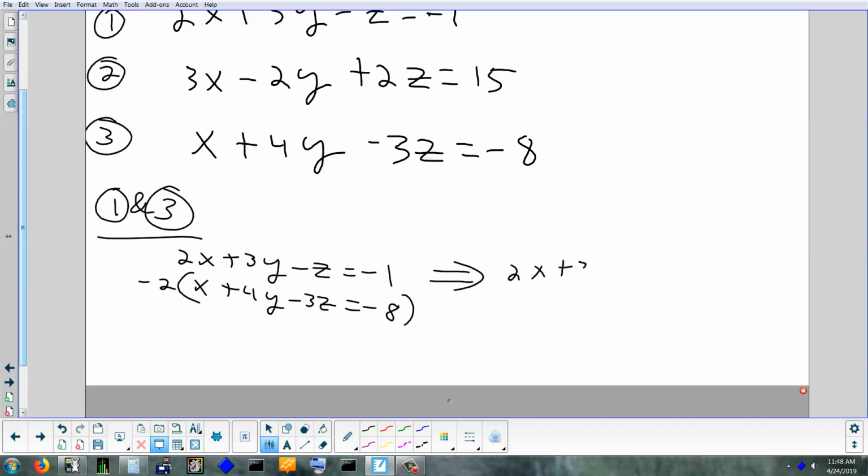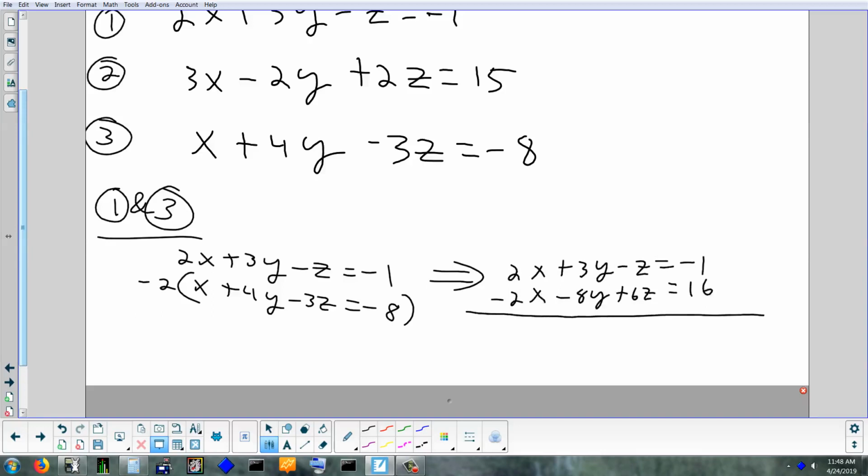So 2x plus 3y minus z equals -1. And now distribute a -2. -2x minus 8y. If I make a mistake, let me know, because it's very, very easy to make a mistake here. Plus 6z equals 16. I think we're good. Great.